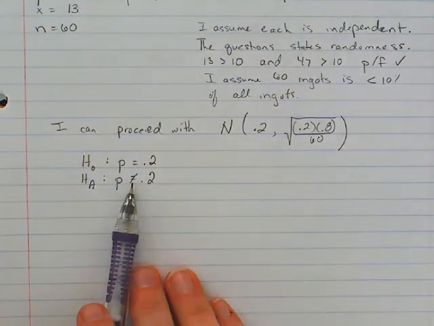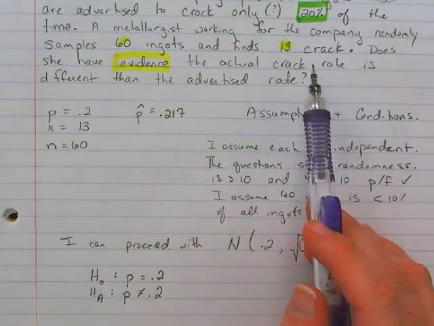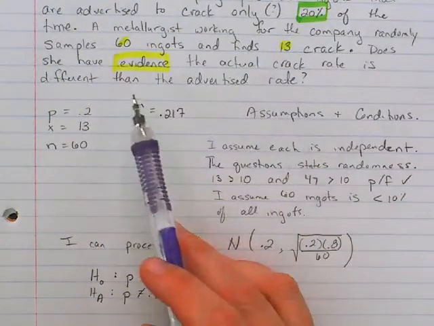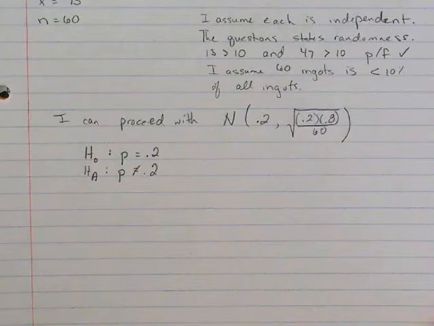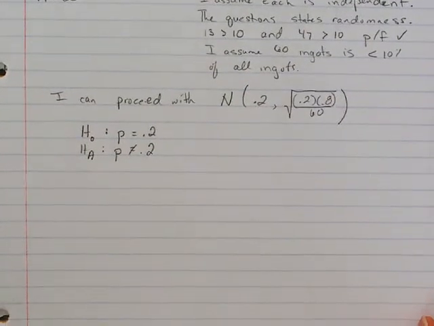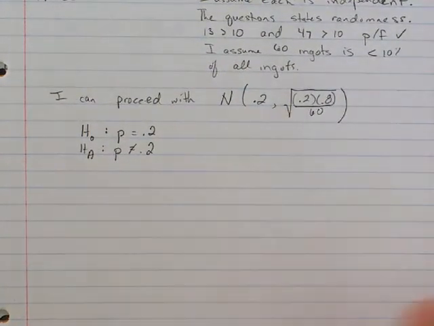The reason I would go with not is because the question prompted me to say, is the actual crack rate different? So different means not equal to. The question will always tell you which way to go. In class, as we were experimenting with these, we would ask ourselves which way would make more sense. Just know that in the actual questions, you will be prompted which way to go.